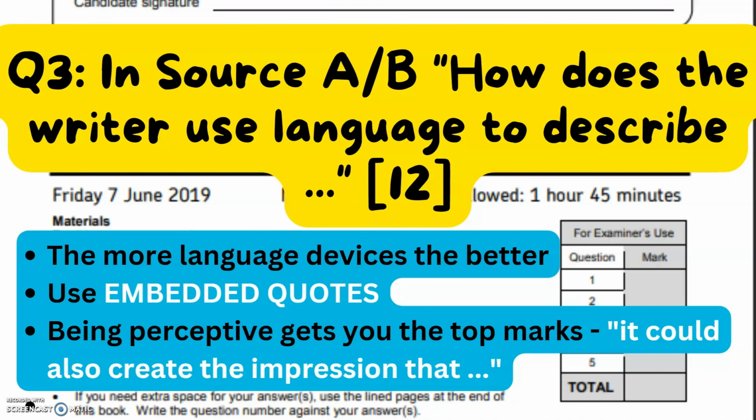Use embedded quotes, as I mentioned, so embed them into your sentences rather than saying the quote and then talking about the quote. Just say, this is suggested by, and enter the quote. Also, being perceptive gets you the top marks. So things like, it could also create the impression that. That just suggests that you're going above and beyond what the question directly wanted you to answer.